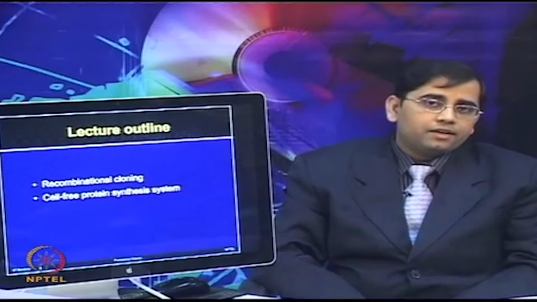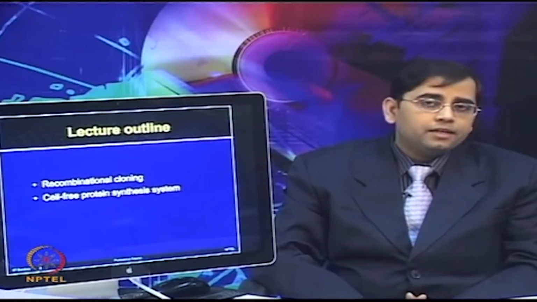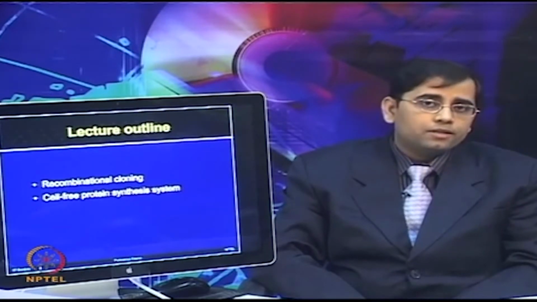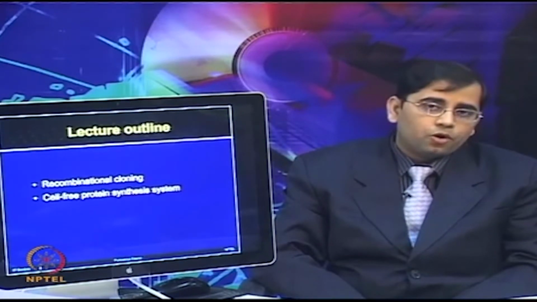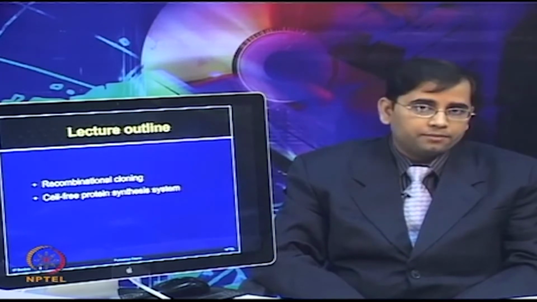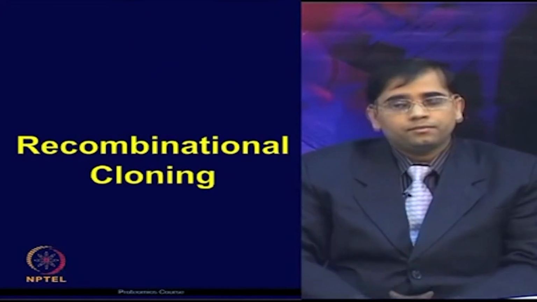So, researchers have started to create such large collections of cDNA by using recombinational cloning, which allows very rapid transfer of a DNA fragment from one vector to another in a very short time. So, let us start our discussion with recombinational cloning.